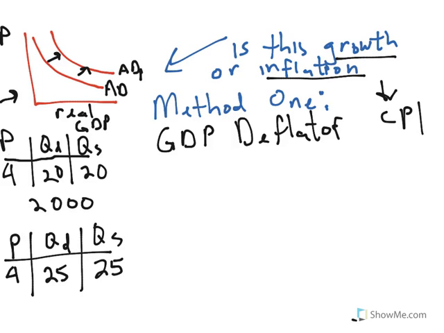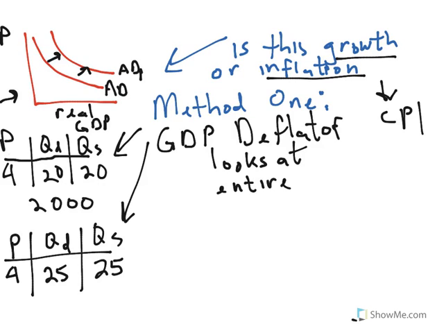The GDP deflator looks at the entire economy. The CPI looks at 600 goods within the economy.